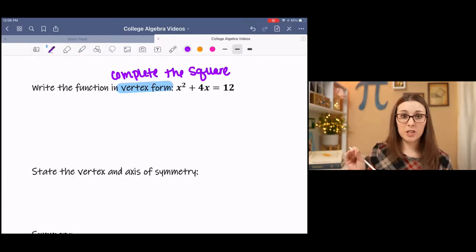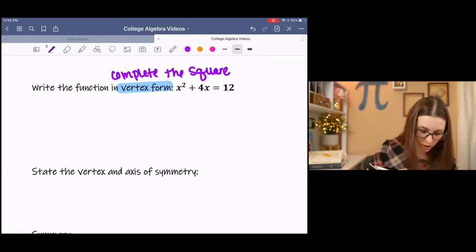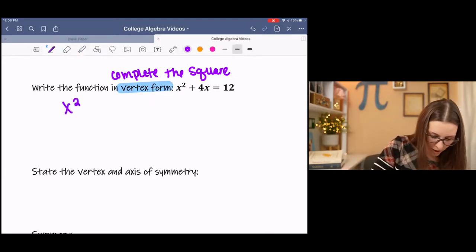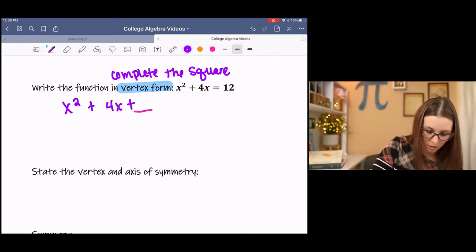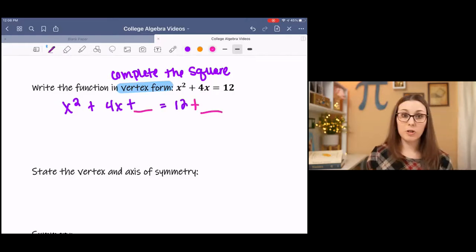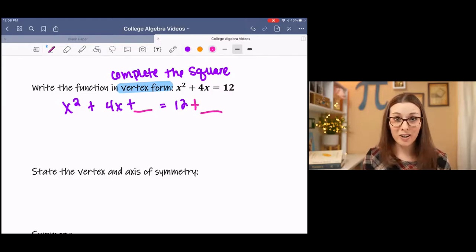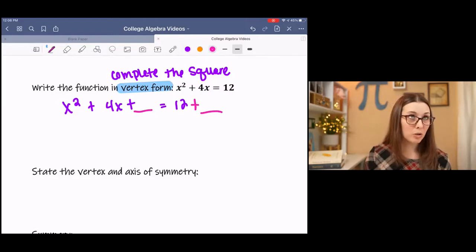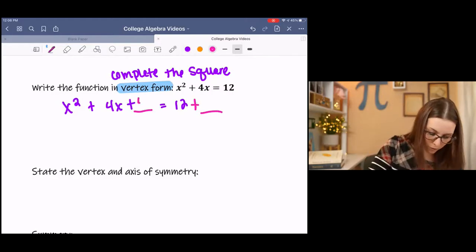It is not a perfect square, so I'm going to leave it over there. I don't want to mess with it. My goal is to find the new C value that makes this a perfect square, which we already know how to do. 4 over 2 squared is 4.